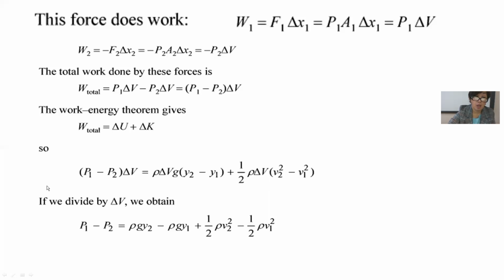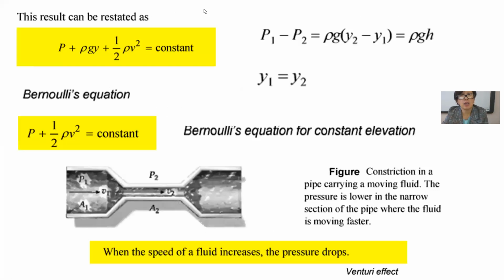If we divide by delta V, we obtain the change in pressure equal to rho g delta h and rho divided by 2 times the change in squared velocity. In the final formula, rho g h is the hydrostatic pressure, and rho v squared is the dynamic pressure.